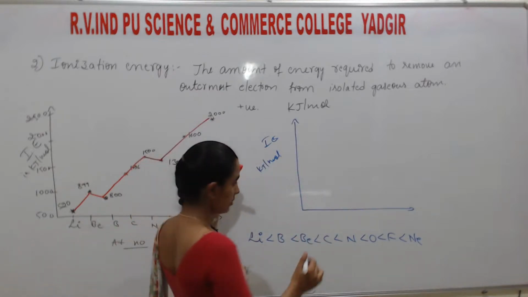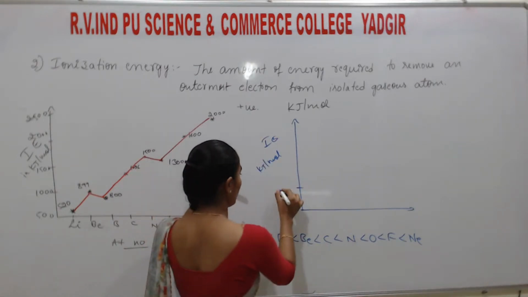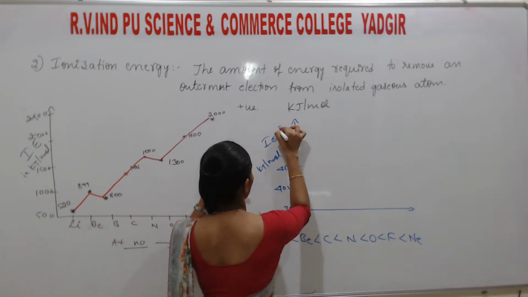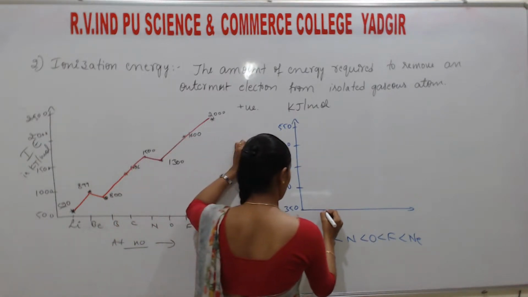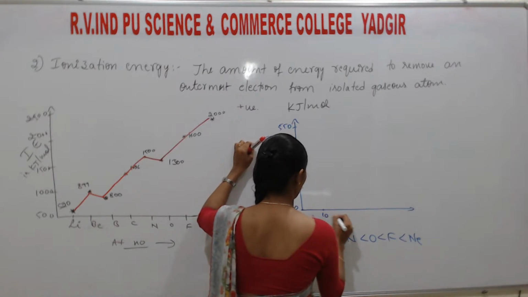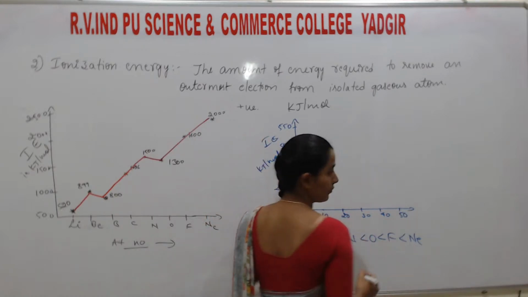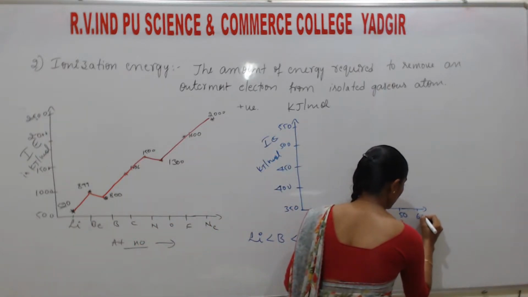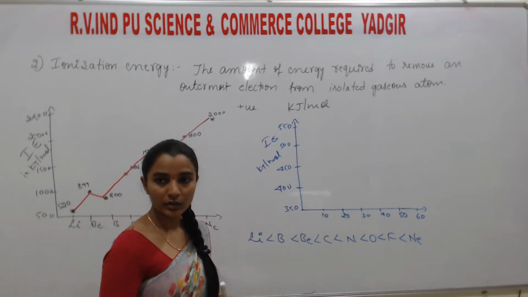Here it is 350, 400, 450, 500, 550. Next, this one is the lithium, atomic number 10, 20, 30, 40, 50. And last one is 60. Okay, so students, lithium atomic number is 3.